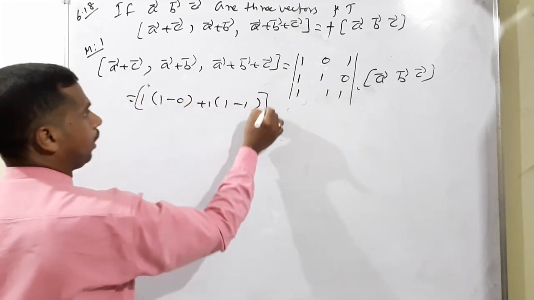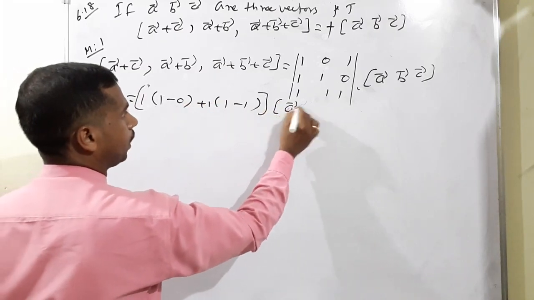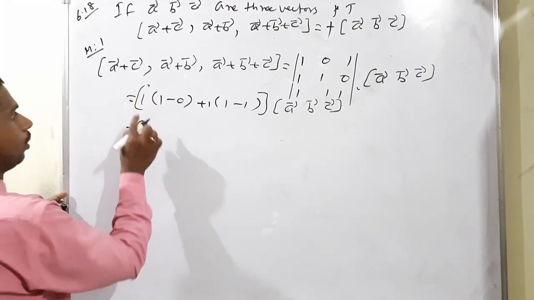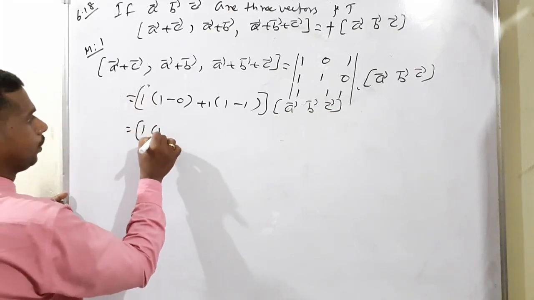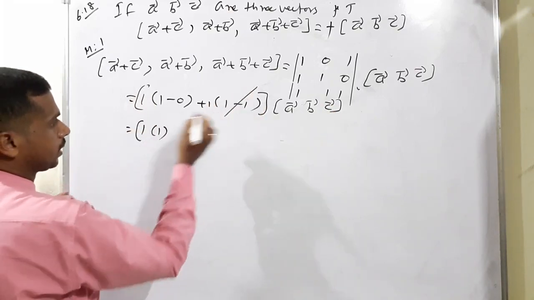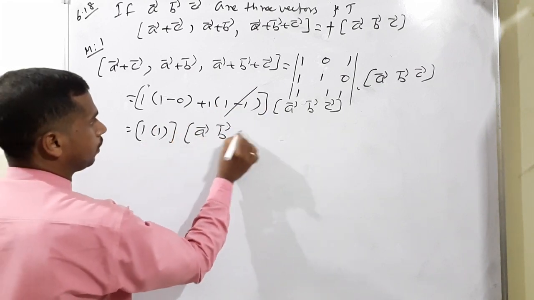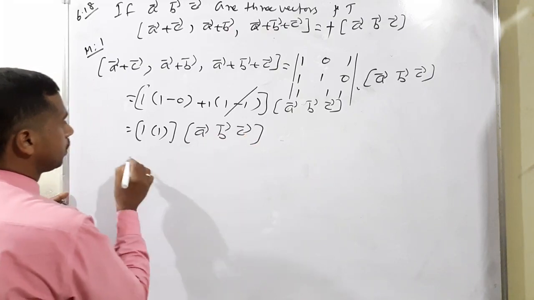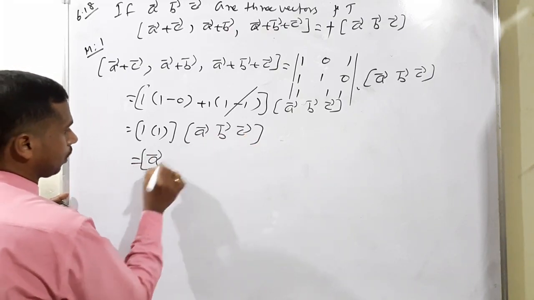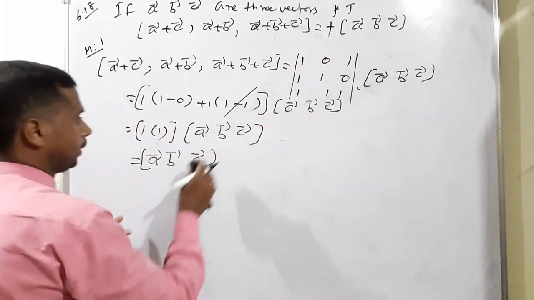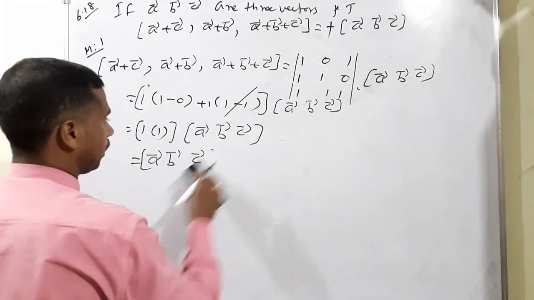Then the whole term times the box product of A vector, B vector and C vector. Now 1 minus 0 means only 1 will come, and the remaining terms cancel. Therefore, 1 into anything means the same: the box product of A vector, B vector, C vector. This is our proof of the condition, isn't it? This is method number 1.